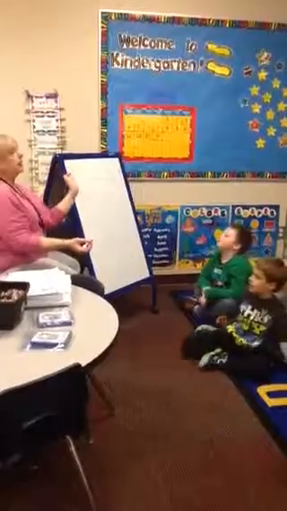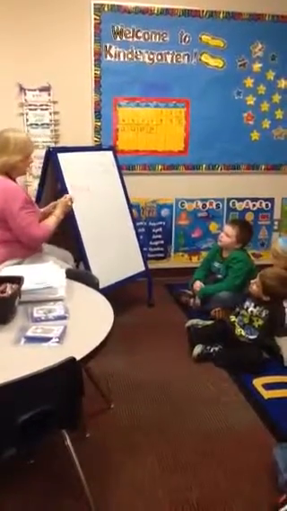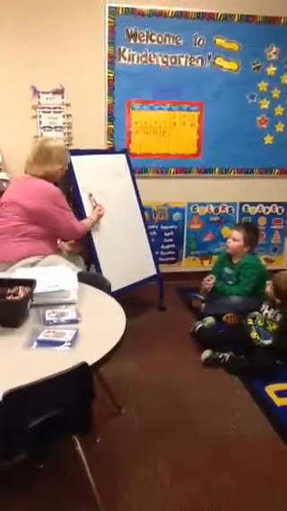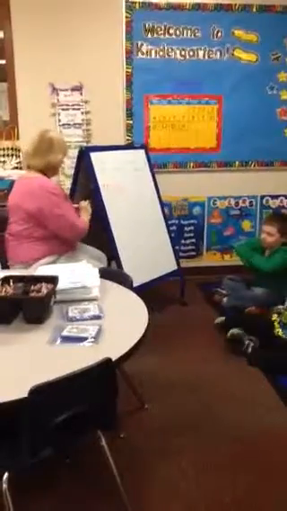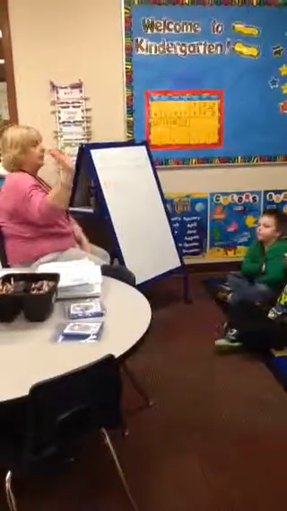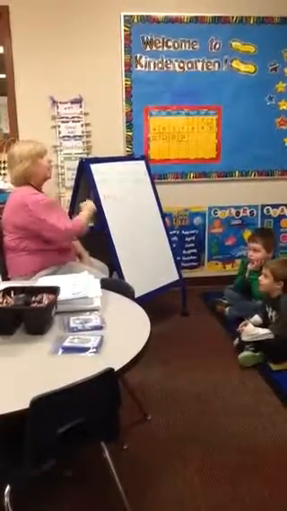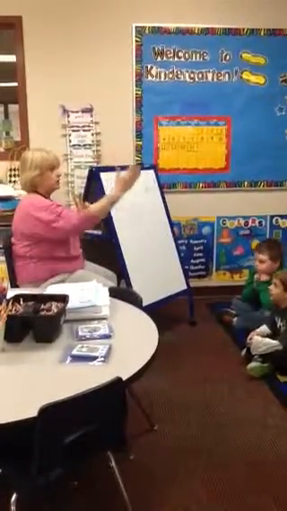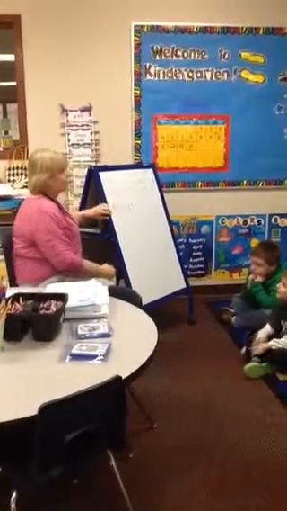Third sound. What's that letter? And then we go back and check it by doing it again. Excellent. Ma. All right. So we segment first sound, middle sound, last sound. We count first, second, third, and then we can transfer it into writing.